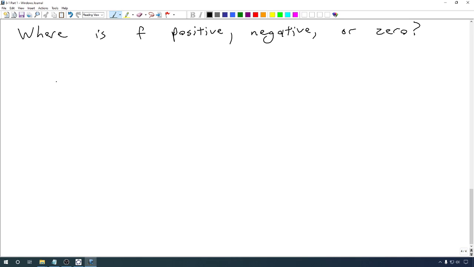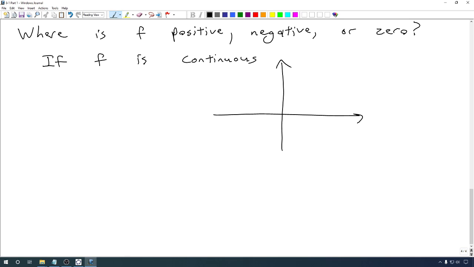Well, we have one little fact that can help us here. If f is continuous, and we want to say where does it change between positive and negative, let's look at a graph here. Let's say we have some function that is positive here and negative here.